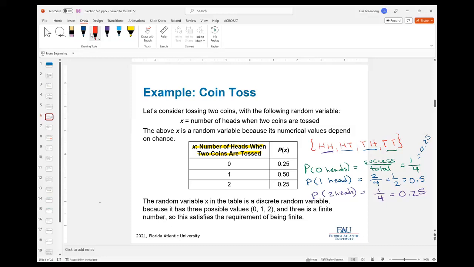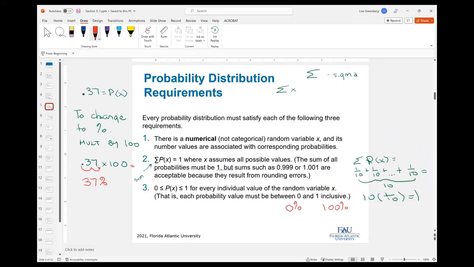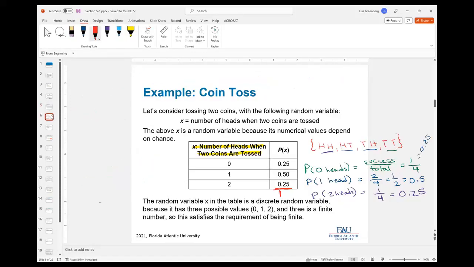If I add up 0.25 plus 0.5 plus 0.25, I get 1, which is a requirement, right? That's number 2. And every single probability for each individual event is between 0 and 1. And that's true as well. So we're in good shape.